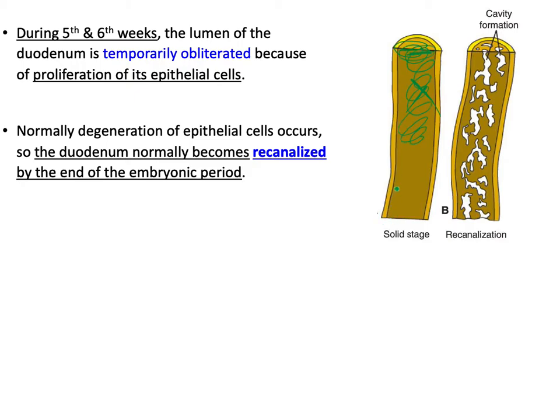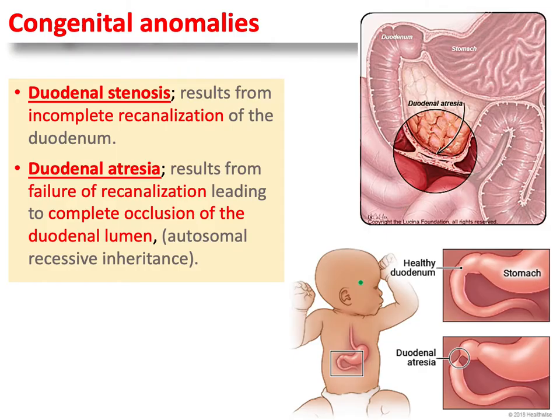But this is temporary, because in the process of recanalization, there is degeneration of the epithelial cells in the lumen, making a cavity inside the duodenum and making it a hollow structure again. Of course, this is by the end of the embryonic period, close to the period of recanalization of the esophagus, but here we are talking about the duodenum.